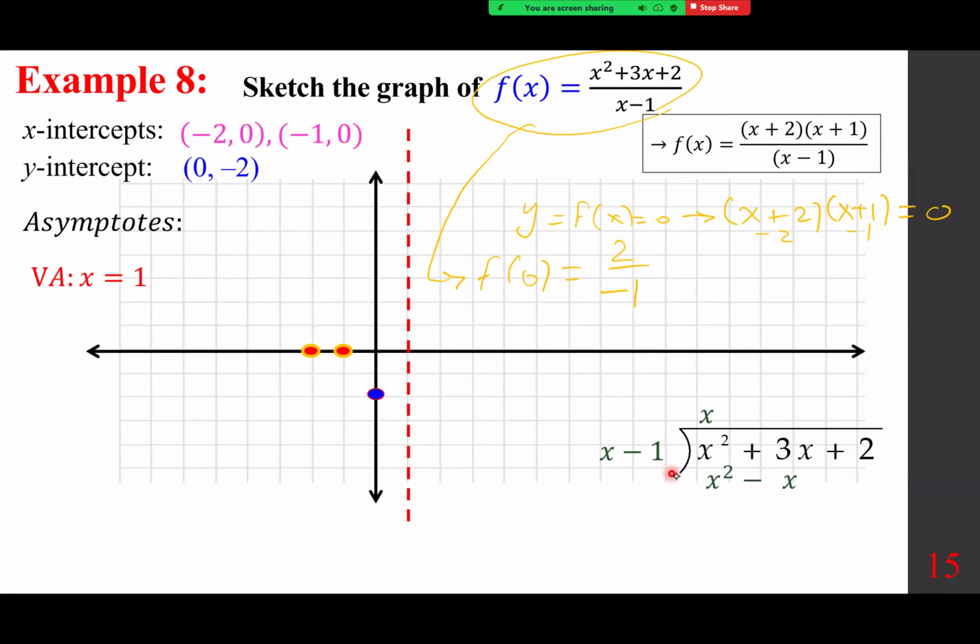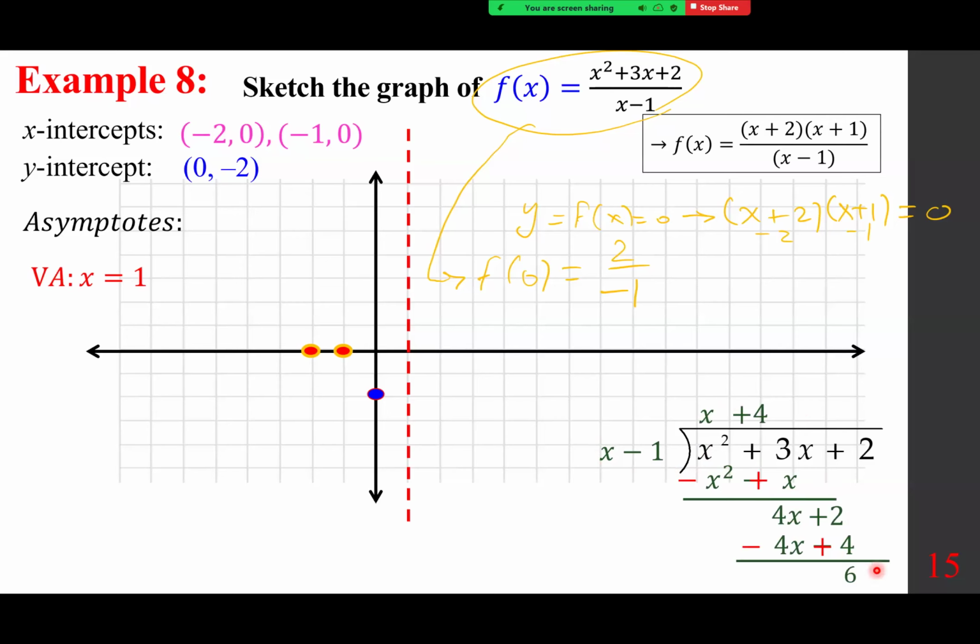You multiply, you get x squared minus x. You are subtracting, so this becomes negative, this becomes positive. They cancel each other and you get 4x. You drop the 2. You divide 4x by x, you get 4. You multiply, you get 4x minus 4. You subtract, this becomes negative, cancels this one, this becomes positive, we get 6. So we have the quotient x plus 4 and the remainder 6.